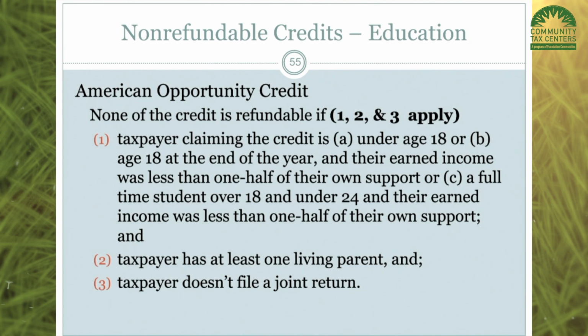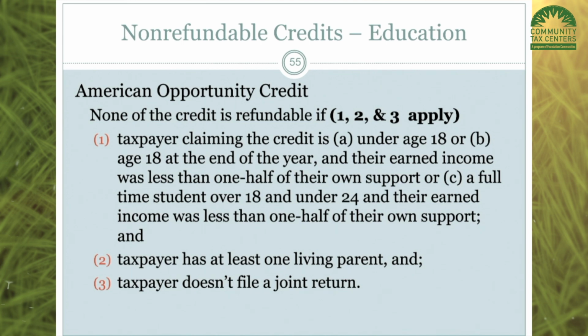The taxpayer claiming the credit is under the age of 18 or 18 at the end of the year, and their earned income was less than half of their own support, or a full-time student over 18 and under 24, and their earned income was less than half of their own support.